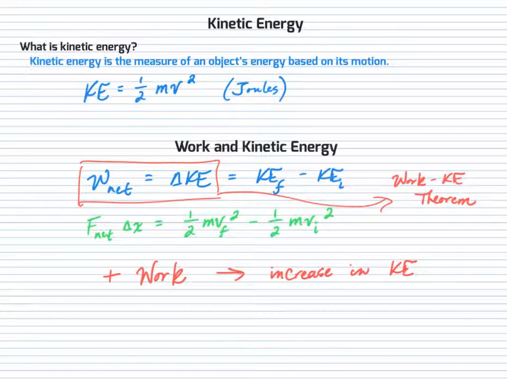If you have negative work being done, that's going to cause a decrease in KE. Just think about that: when you hit your brake, you slow down. So you had some initial velocity, but you end up at rest. So if we have negative work being done on an object, we decrease its kinetic energy.